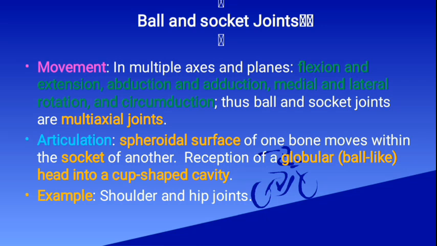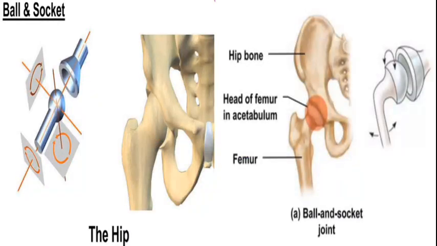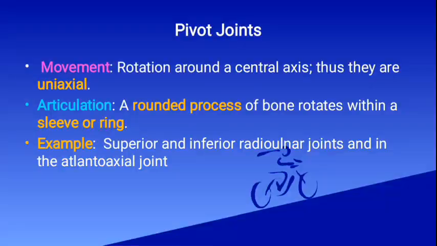So it's more like a globular head fitting into a cup-shaped cavity. So that's the way the ball and socket joint is. And we have two major examples, the shoulder and the hip joint. So you can see the image here for the hip joint. You can see the head of the femur articulating with the acetabulum of the hip bone.